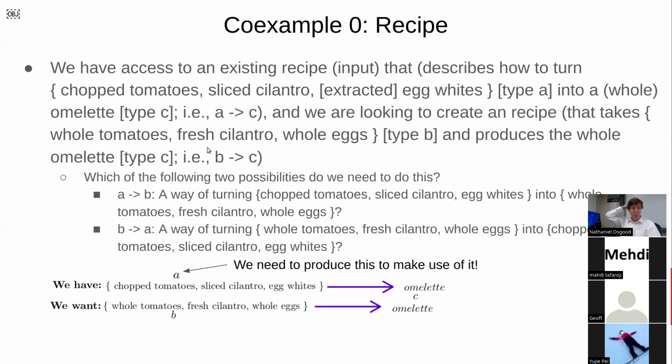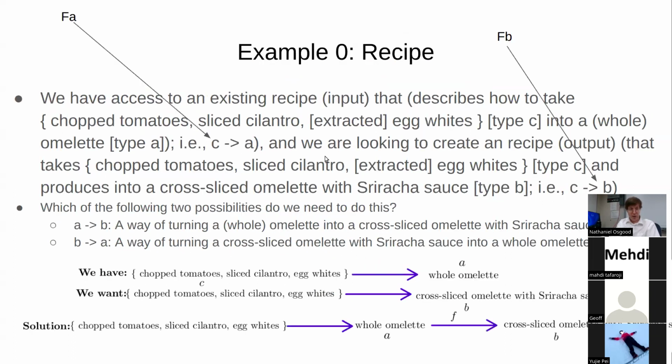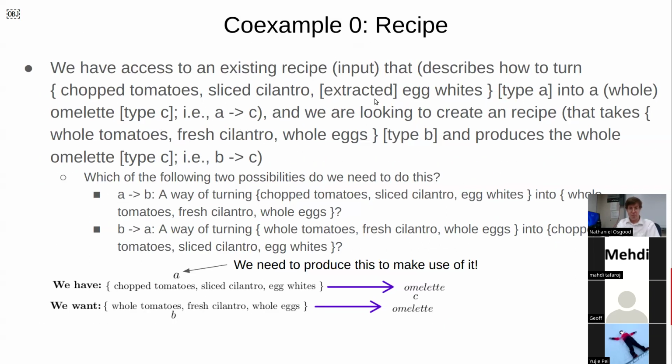And now we want to figure out, wait a minute. This recipe calls for chopped tomatoes, sliced cilantro, extracted egg whites. All we have are whole tomatoes, fresh cilantro, not sliced yet, whole eggs. We're going to call this type B.